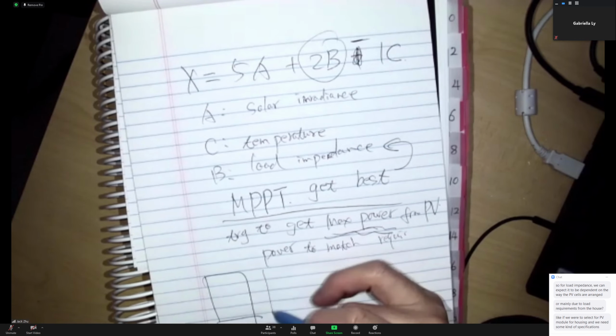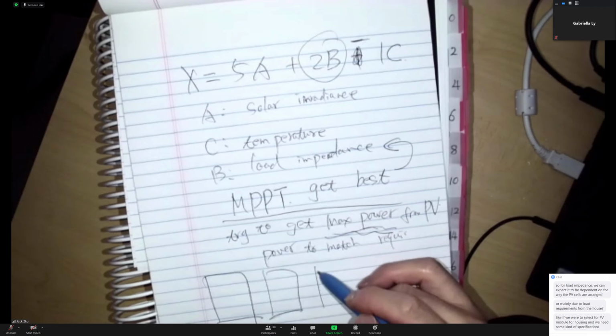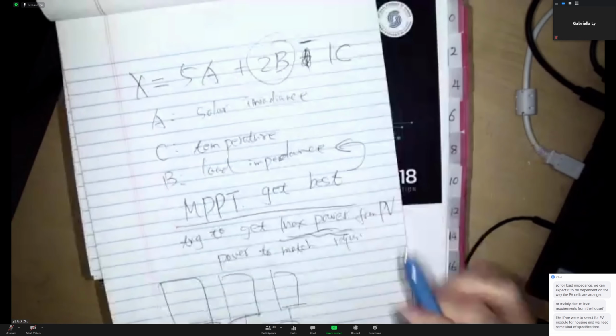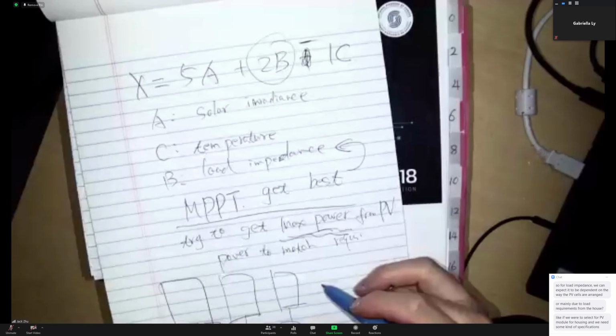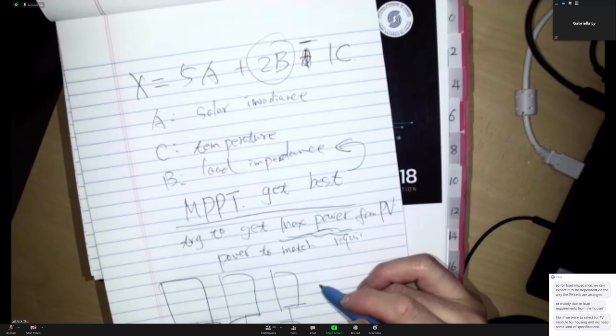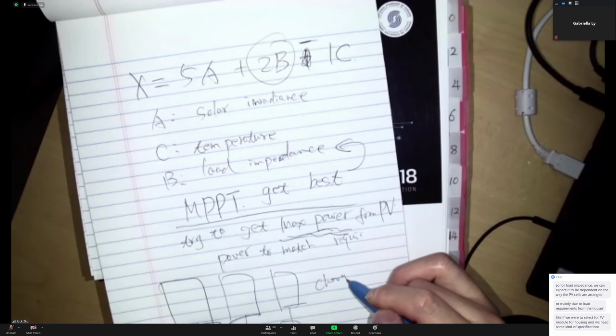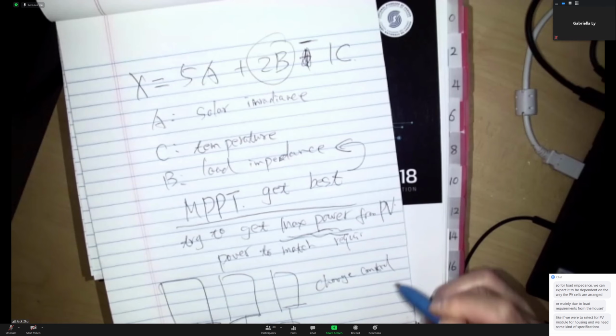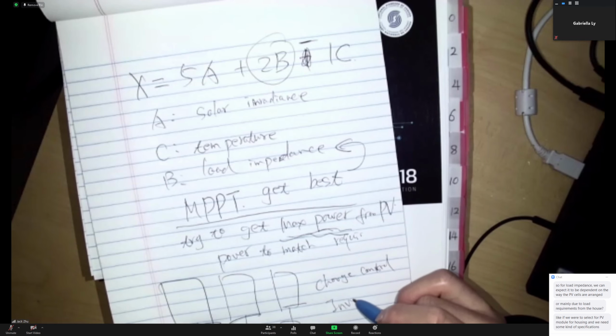Then you will put those panels either in parallel or in series to build an array to connect to either your charge controller or your inverter.